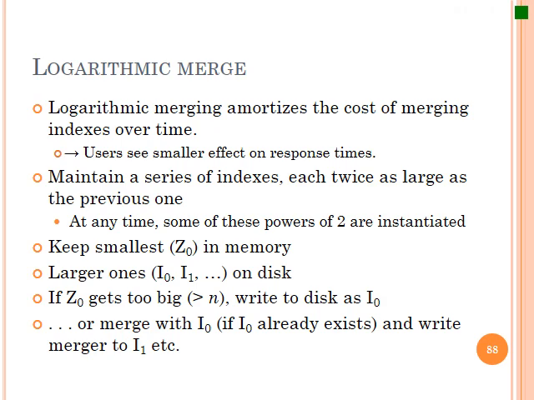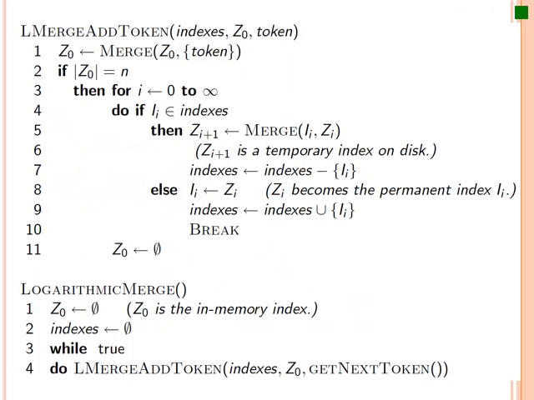If your Z0 becomes too big, then you write it to disk as I0, or merge with I0 if I0 already exists, and then write the merger to I1 and so on. Whenever the thing becomes too large, you write it to disk, then you start a new one in memory. This is called logarithmic merge.